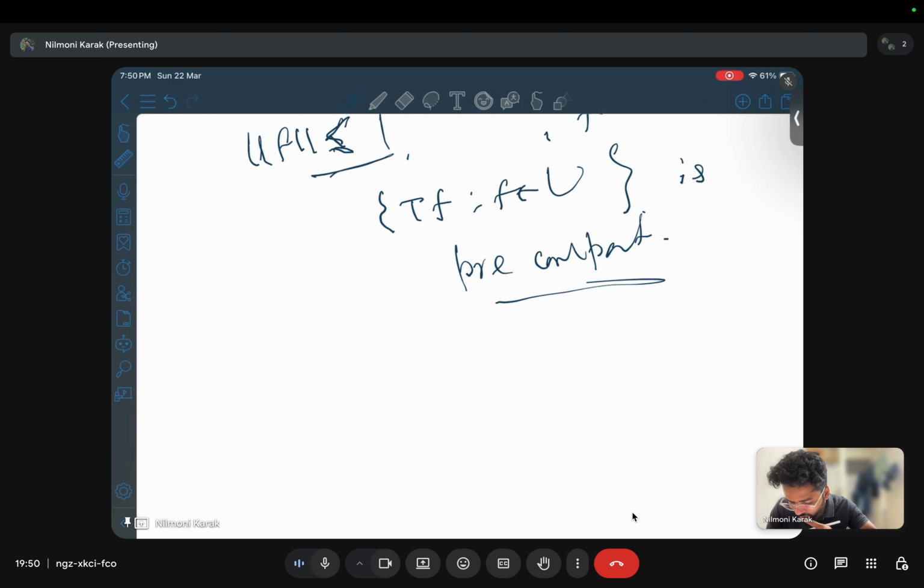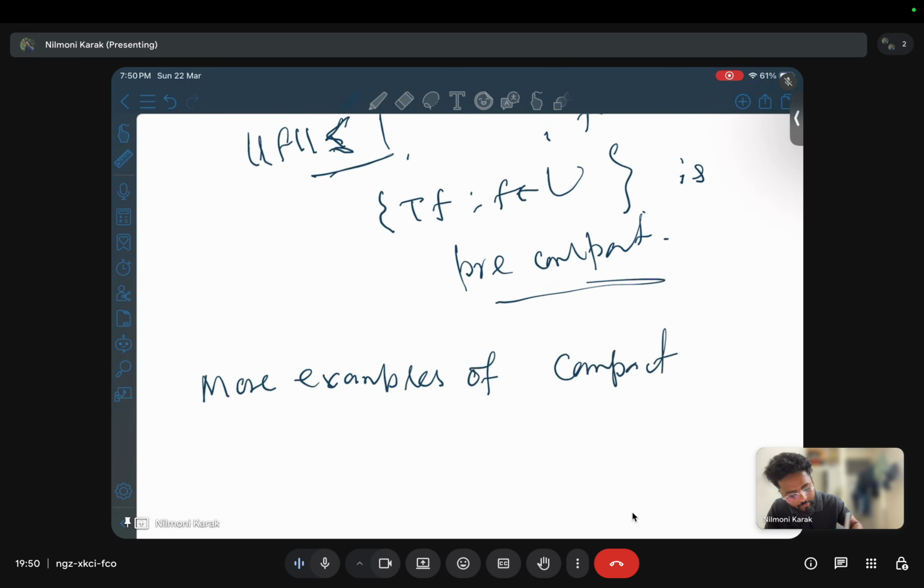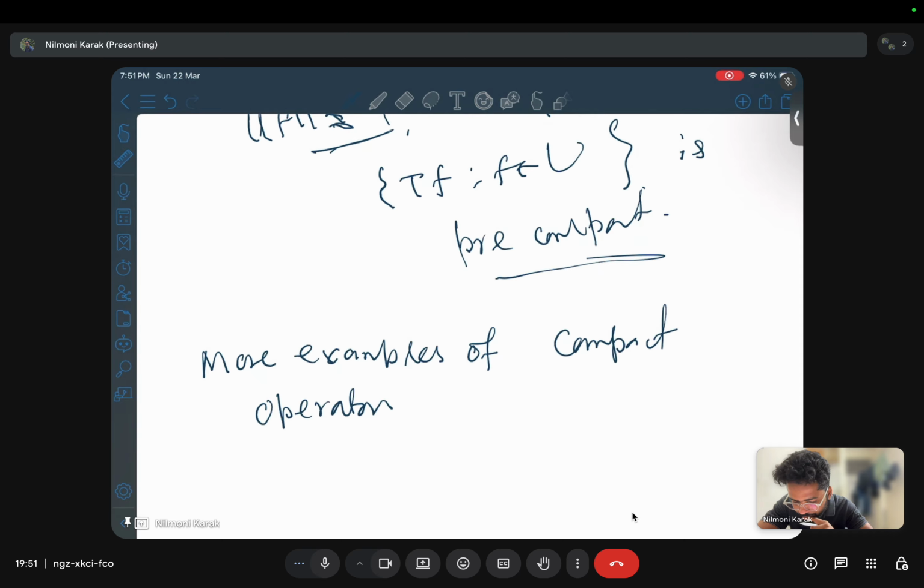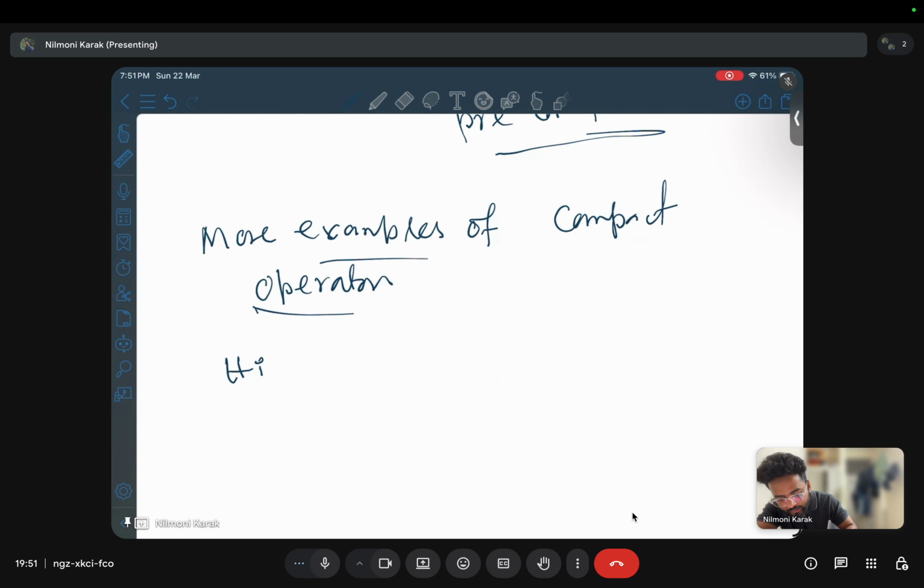One can check from notes or lecture videos, and then more examples of compact operators. The previous example can be generalized to other integral operators.